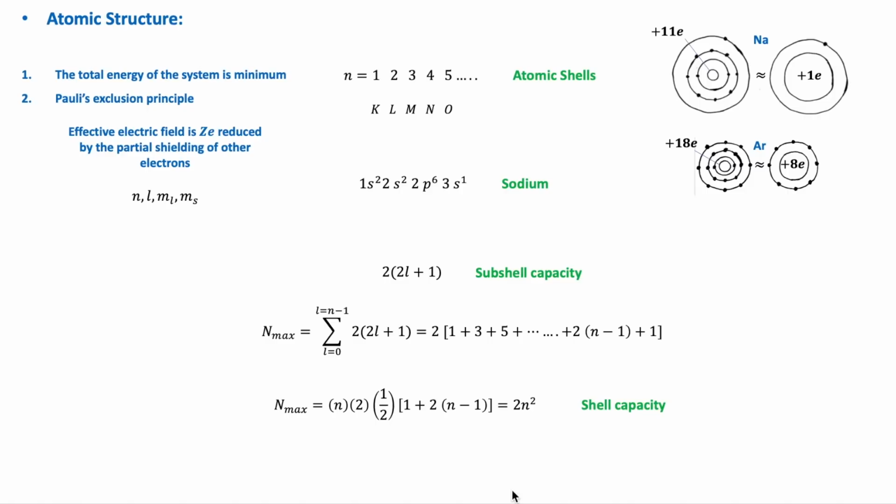And in addition to the energy of the electron depending on n, it also depends to some extent on its orbital quantum number L, although not as much as it depends on the principal quantum number n, okay?